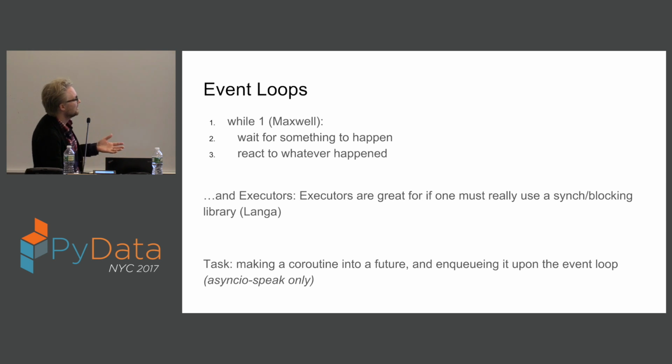So they're kind of all over the place. And if you really have to use something that's blocking or long running, you can use an executor. There are two different types of executors in the Python standard library. It's an easy way to spin something up to do a task that maybe you don't want in your event loop.